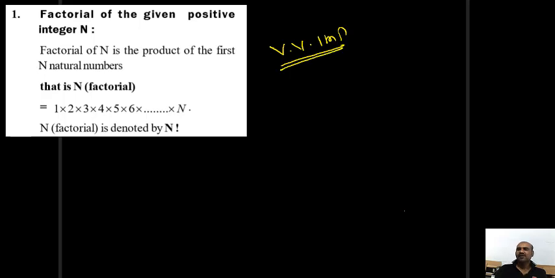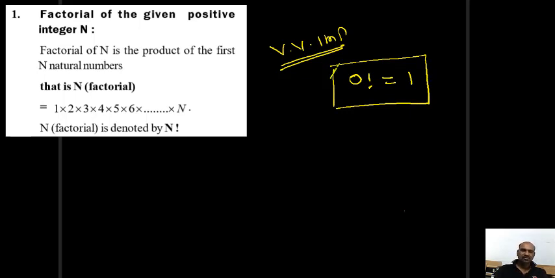For mathematical convenience, 0 factorial is treated as 1. Actually, factorial notation is given for natural numbers, even though 0 factorial is treated as 1 for mathematical convenience.